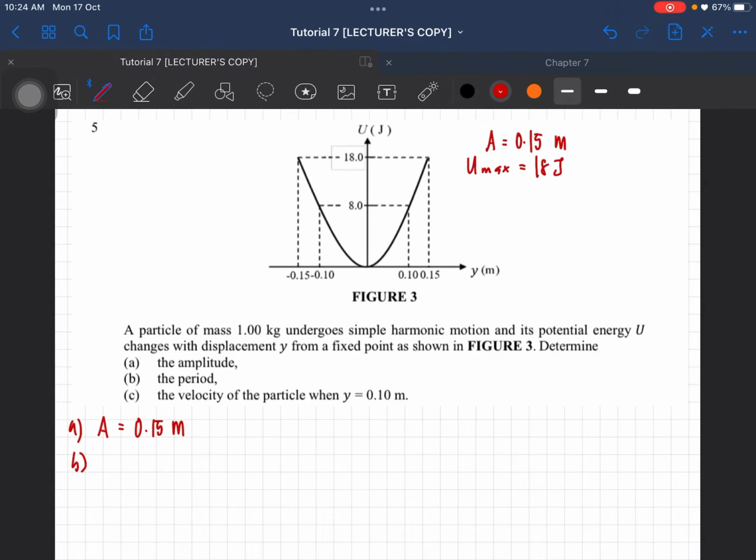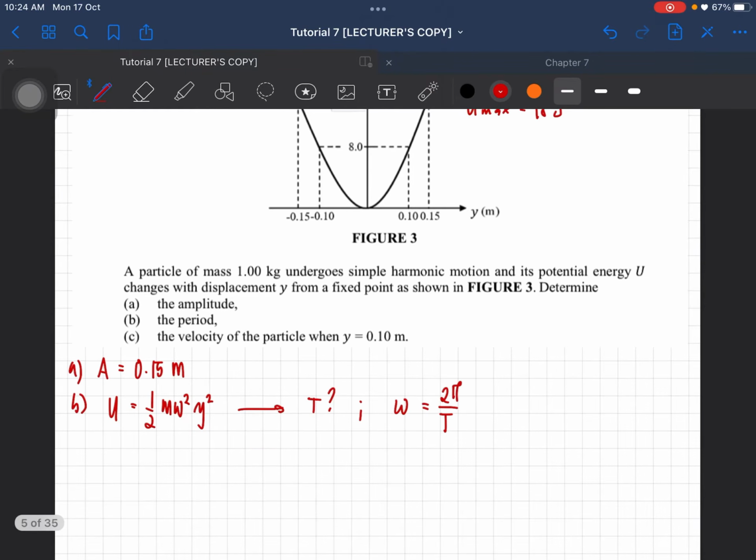So if you remember the formula, U is equal to half m omega square y square. So from this omega, we can get the period. So how do we get it? We get it from this formula here. If we get the value of angular frequency, we will then get the value of period.